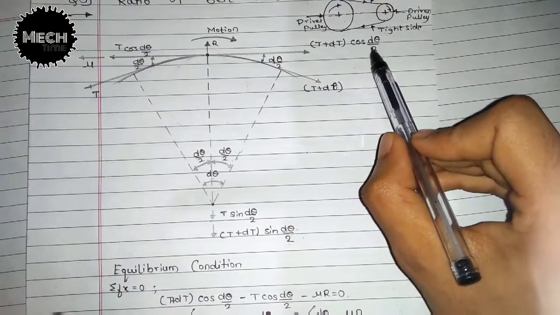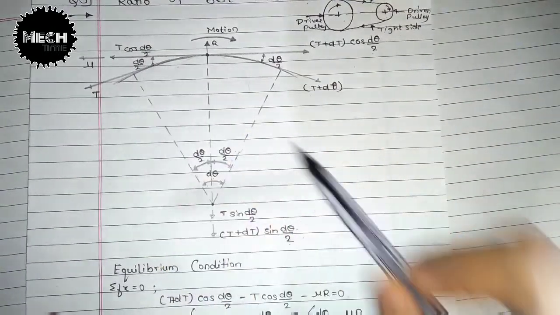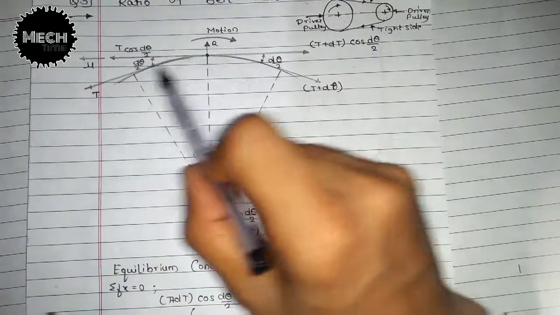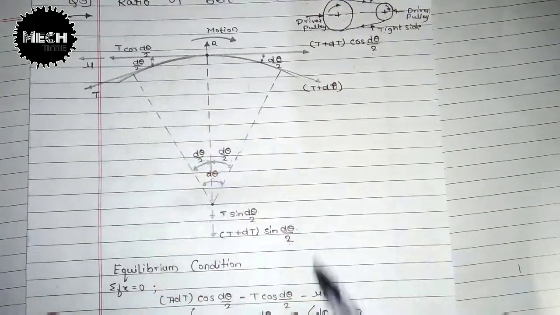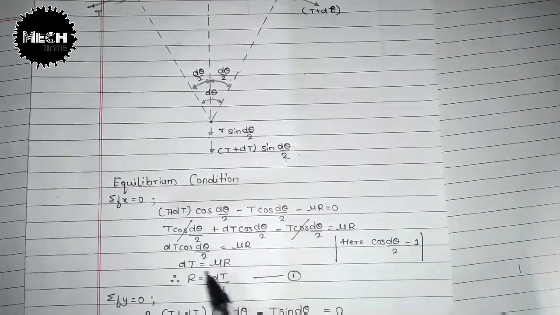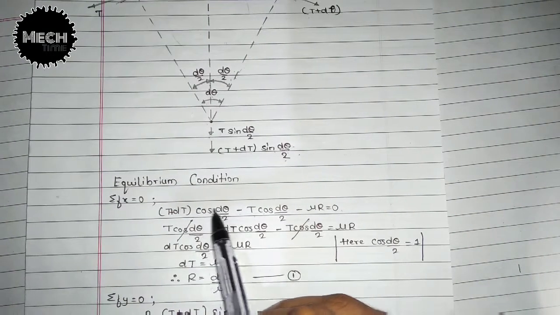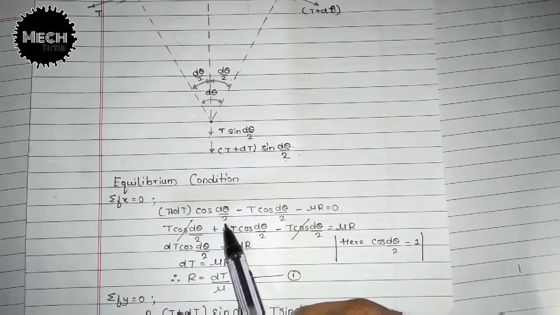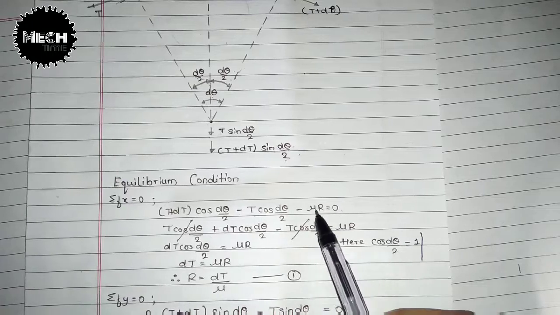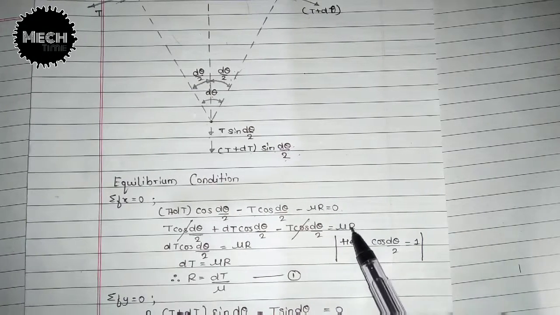Minus mu into R, that is the reaction into friction, is equal to 0. Now multiply this term: t cos d theta by 2 plus dt cos d theta by 2 minus t cos d theta by 2, and taking the minus term outside, minus mu R.